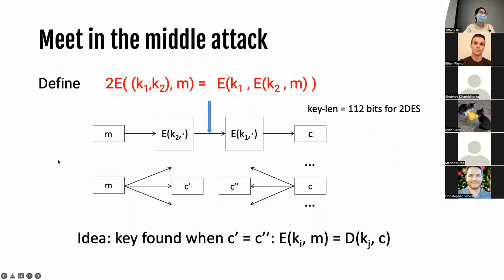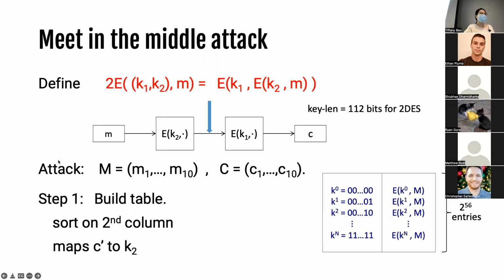And to be more specific, let's think about this. Let's first start with building a table. In this table, there are two columns. One column is the encrypted message for different values of K2, okay?